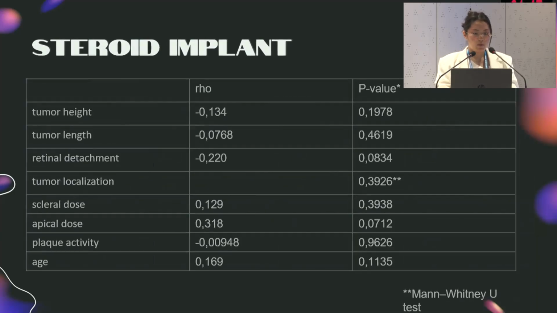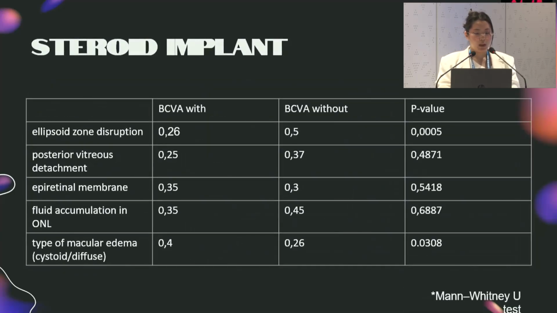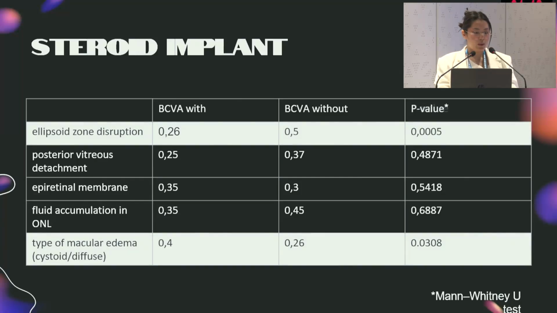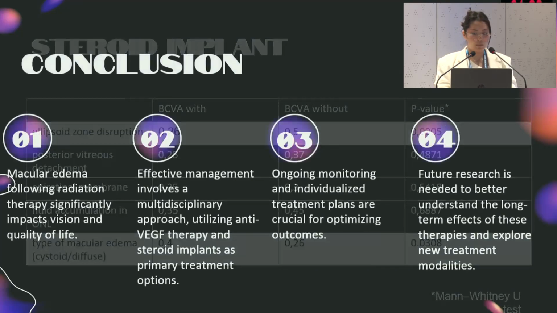In the group with steroid implant, we observed that ellipsoid zone disruption and also diffuse type of macular edema have a significant impact on steroid implant efficacy.